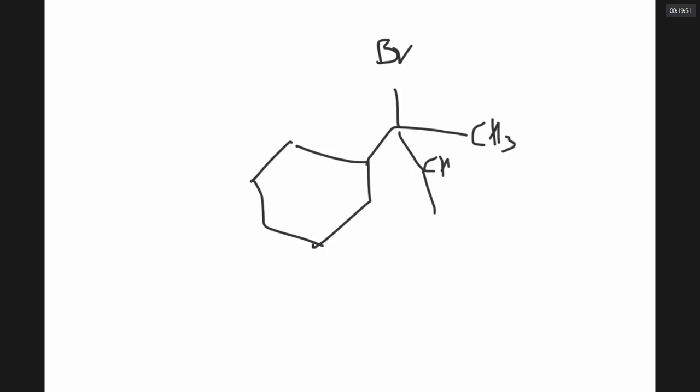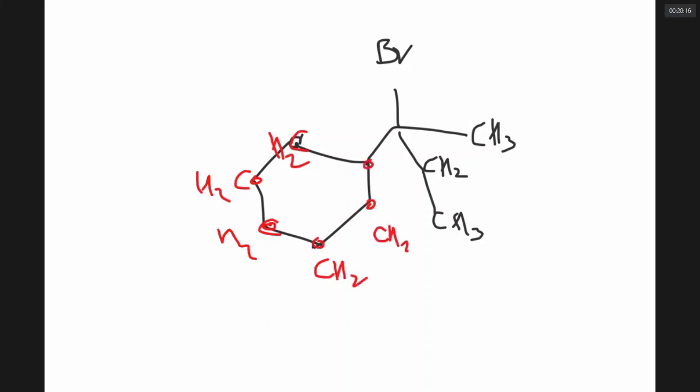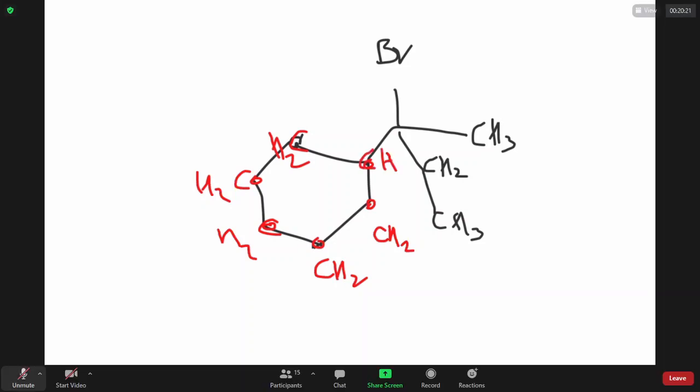This is CH2CH3. This is CH2. This is CH. Now, this compound has how many beta carbons?